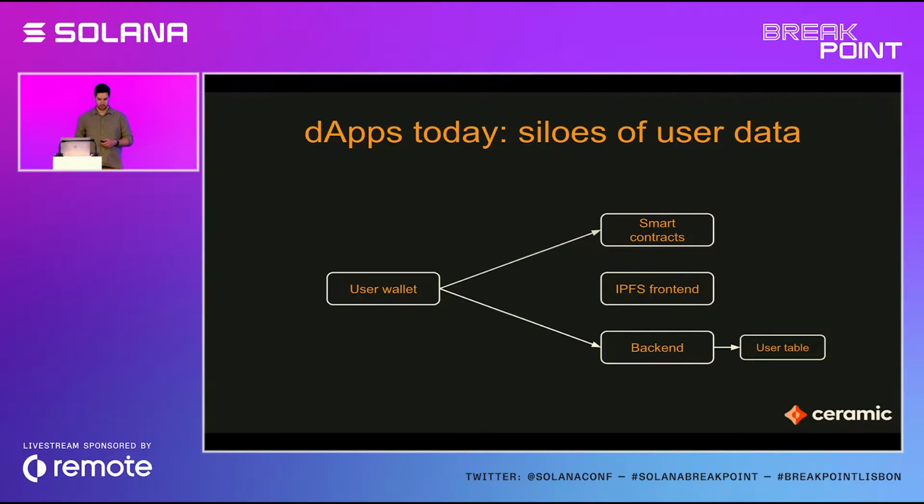And this is a problem because data is often still siloed between applications or even between blockchains. So I'd like to propose a way to solve this problem by having data be more distributed and shared between applications.